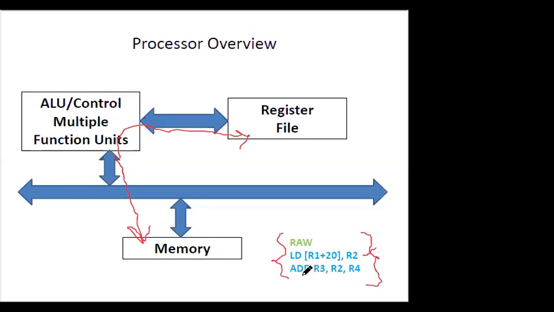Then we have add R3, R2, and R4. If we add R2 and R4, this summation has to be put into register R3. So this addition instruction is dependent on the value of register R2. Until this load instruction writes into register R2, this addition cannot be performed. So it has a data dependency on register R2.